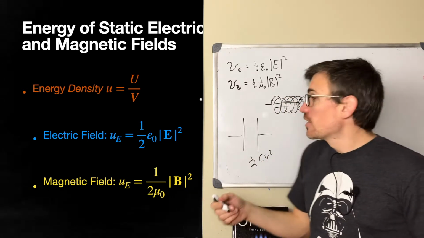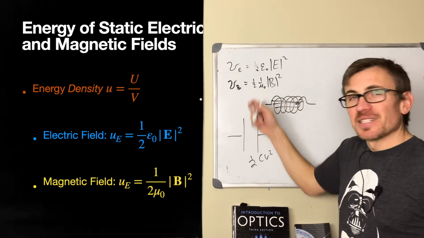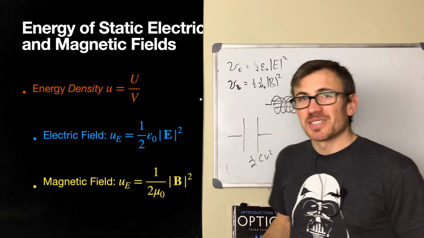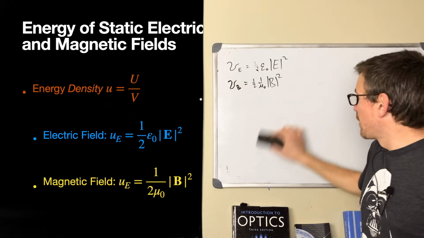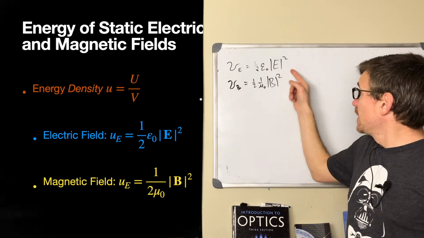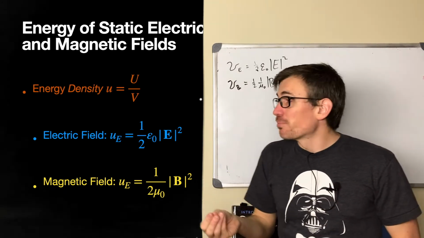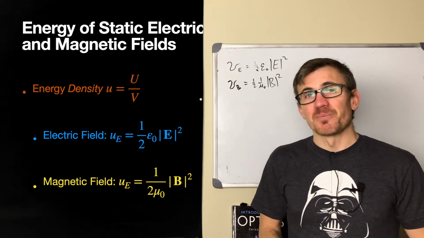We look at how much energy it takes to build up that magnetic field, equate them, and we can get this expression. Again, we'll just skip over those derivations now, but it's kind of a fun exercise that you can do. So no more solenoids or capacitors. But we see here that in a static field, E and B have associated energies for every cubic centimeter, cubic millimeter, or cubic whatever of volume, okay?